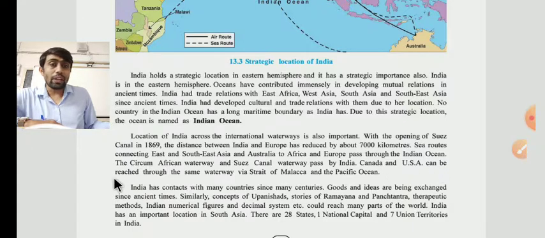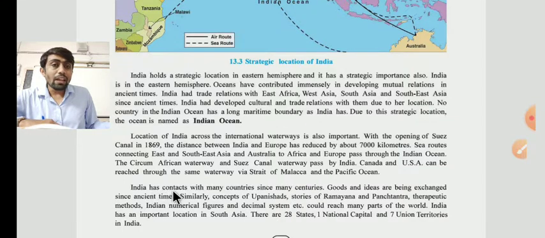Canada and the USA can be reached through the same waterways, via the Strait of Malacca and the Pacific Ocean, and they get the benefit.